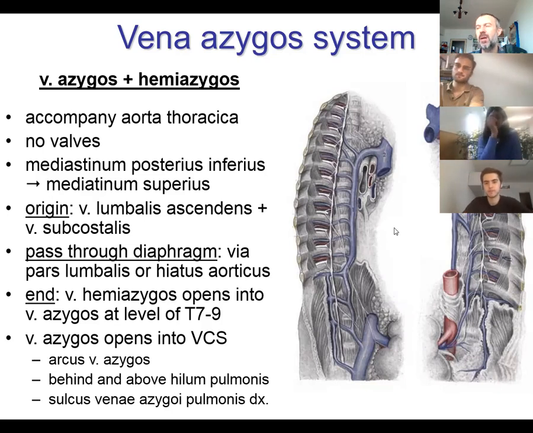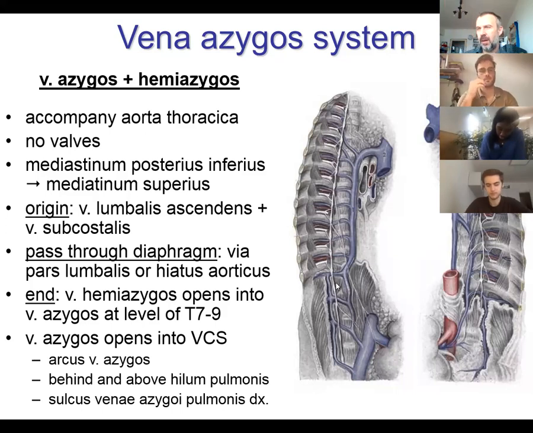We find them within the mediastinum, and you can see nicely the relationship of the azygos vein to the pulmonary hilum. It is dorsal to the hilum and cranial to the hilum, and it forms a groove on the right lung. It originates in the abdominal cavity just below the diaphragm by a confluence of the ascending lumbar vein and the subcostal vein.